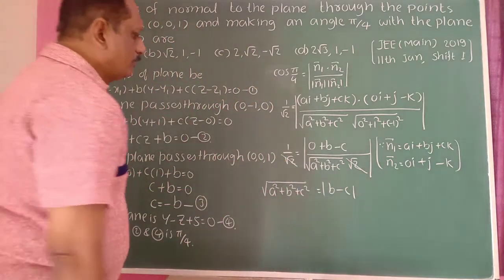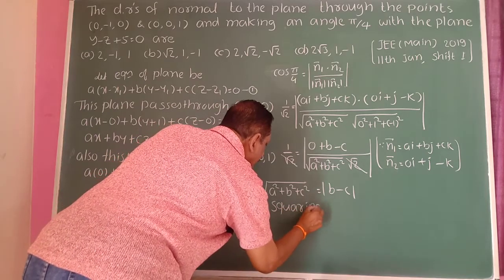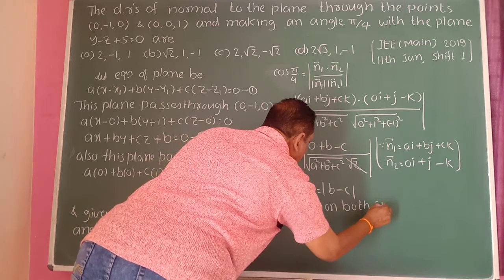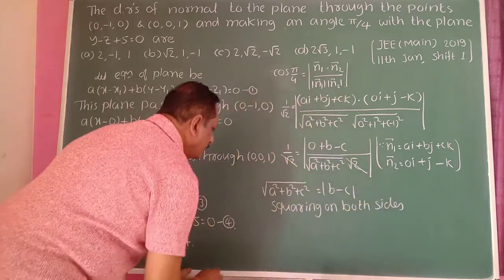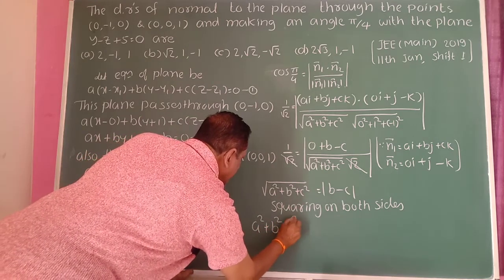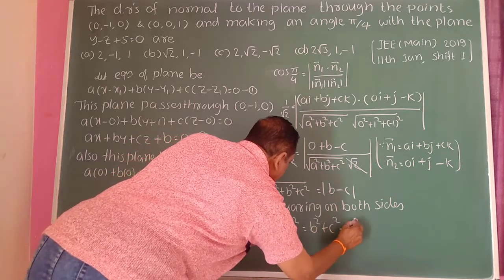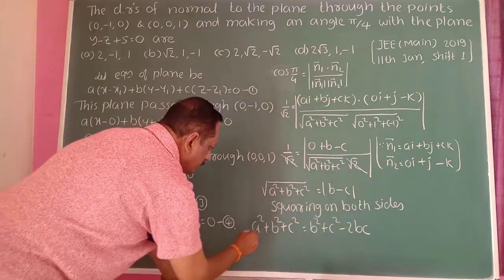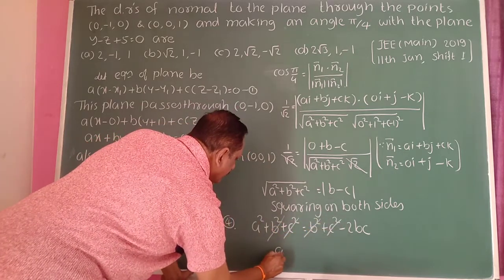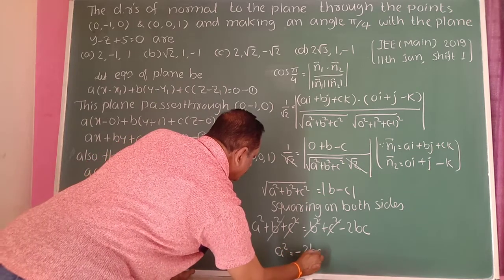Then squaring on both sides, a square plus b square plus c square is equal to b square plus c square minus 2bc. Then b square and c square cancel here. Hence a square is equal to minus 2bc.